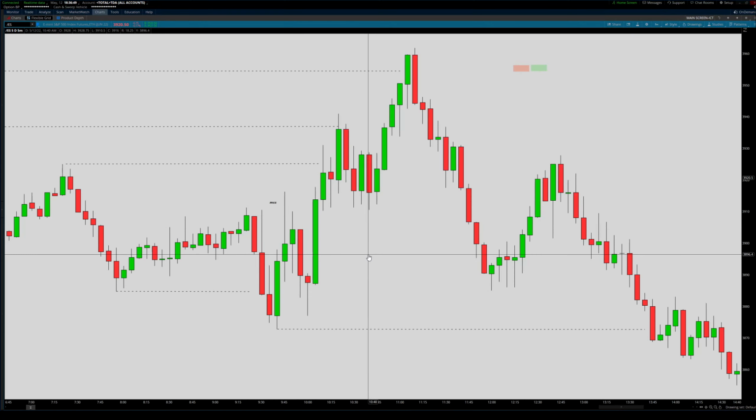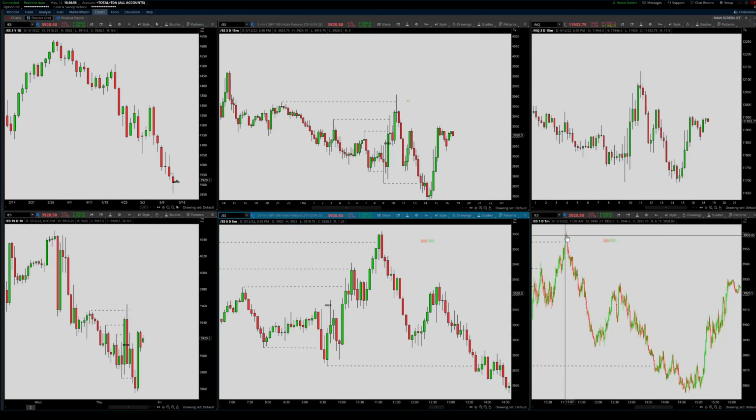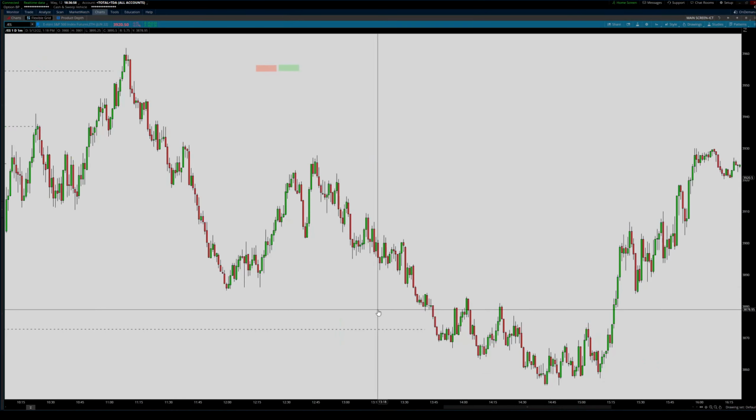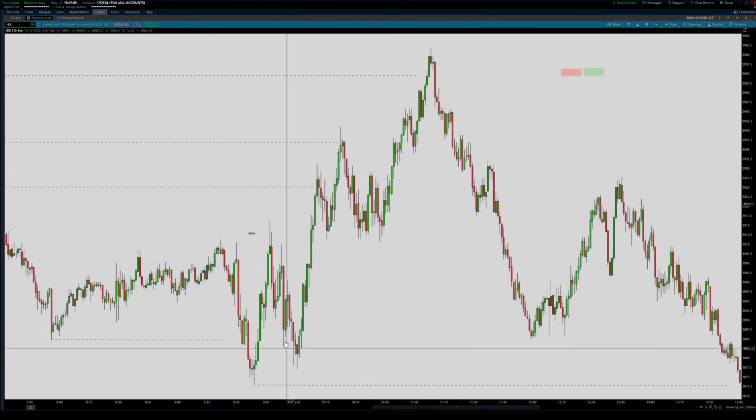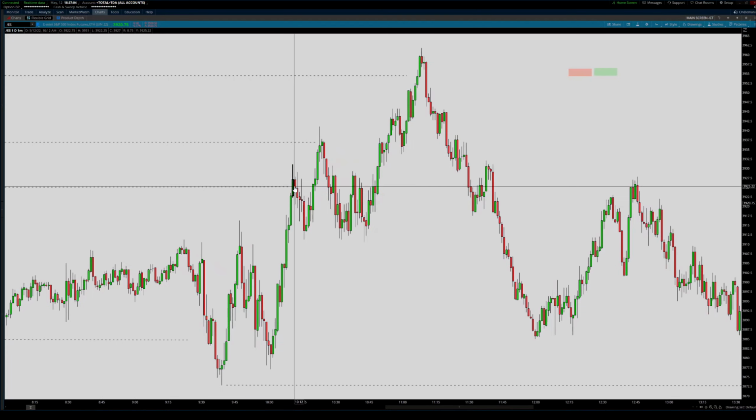The second one was, let's see. I think I liked going to the 1 minute for these, just because I can see the price action a little better. But so we took out this liquidity here. Really didn't take out any structure, right?